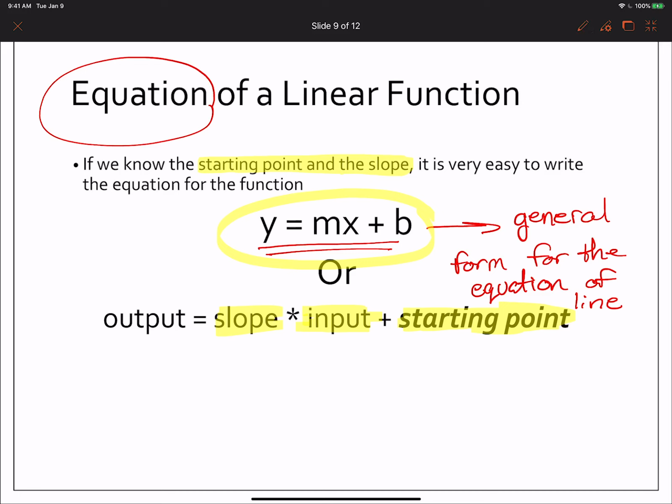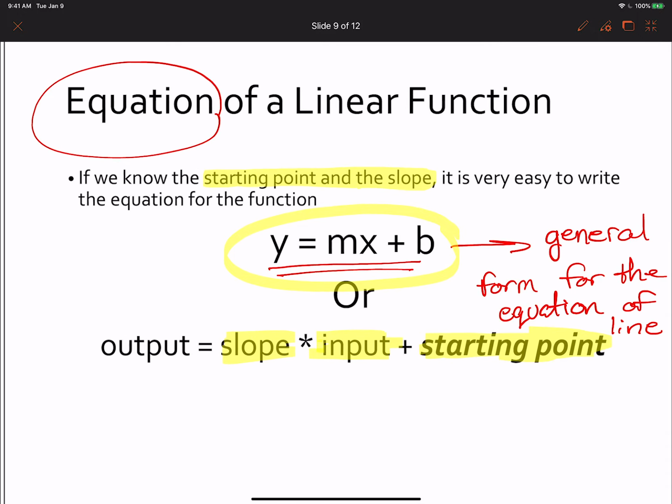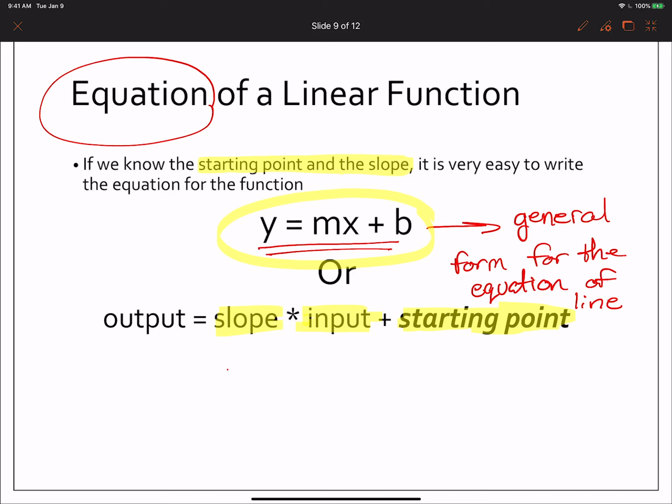So for that example, we could write the equation of that line for our money example. It would basically be y equals, what was our slope? Our slope was 250 because that's how much we make for each pair of shoes, times, well, since we're making a general form, we're not going to put a number in there.